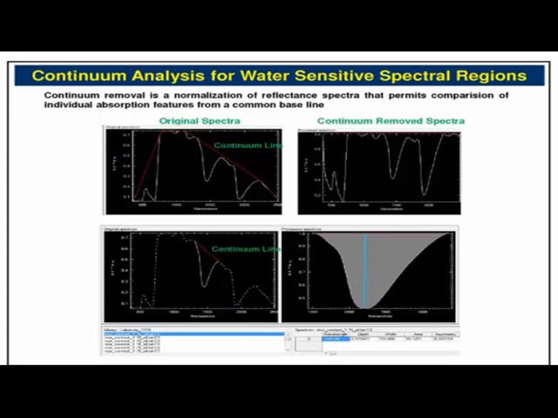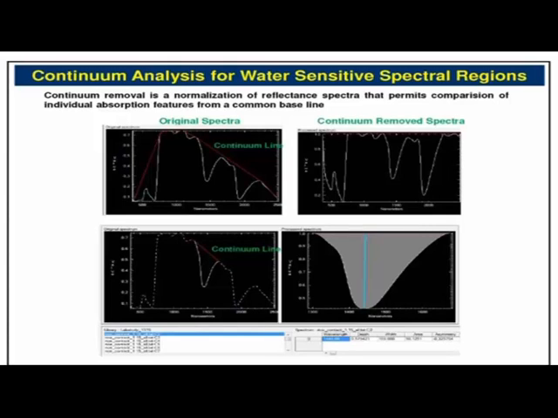Having this depth, one can not only calculate the depth at a particular wavelength, but also know the width, the area, and how asymmetric the curve is at that unique absorption band. Based on this one can estimate, for example, water content, chlorophyll content, or anything you are looking at in that absorption band.